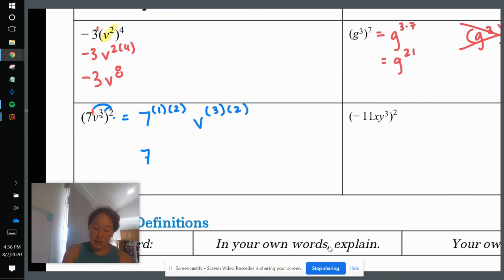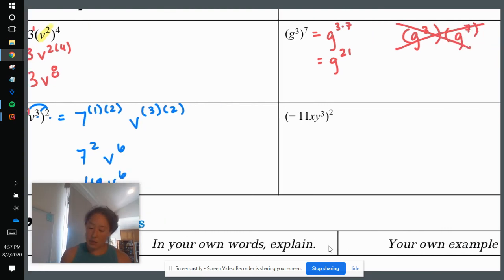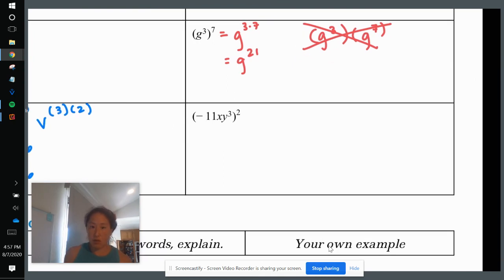So I get 7 to the 2 times v to the 6. What's 7 squared? That's 49v to the 6. All right, last one on your own, and then we'll go over it.